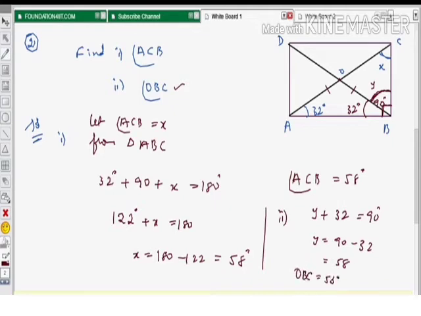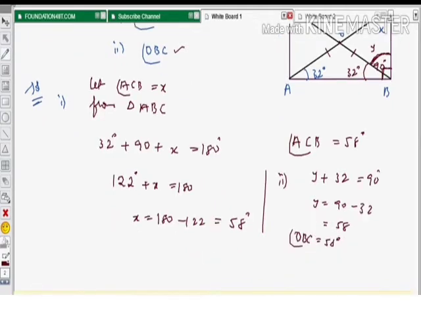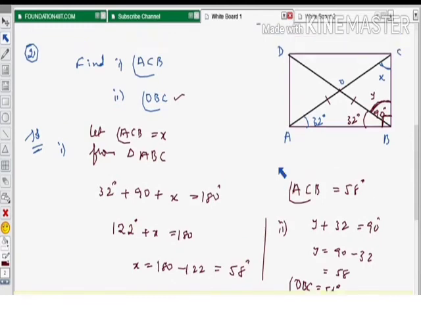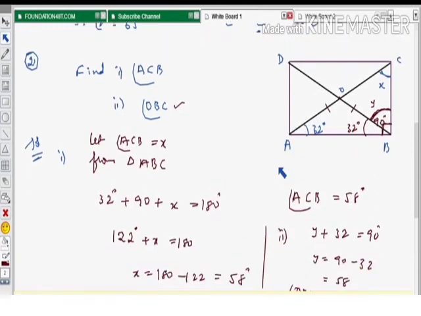OBC is equal to 58 degrees. There are many ways you can prove this. Even if you take triangle OCB, where OC is equal to OB, then the opposite angles are equal. So x is equal to y. We can also do it that way. You should know the properties to find the particular angle that is asked.